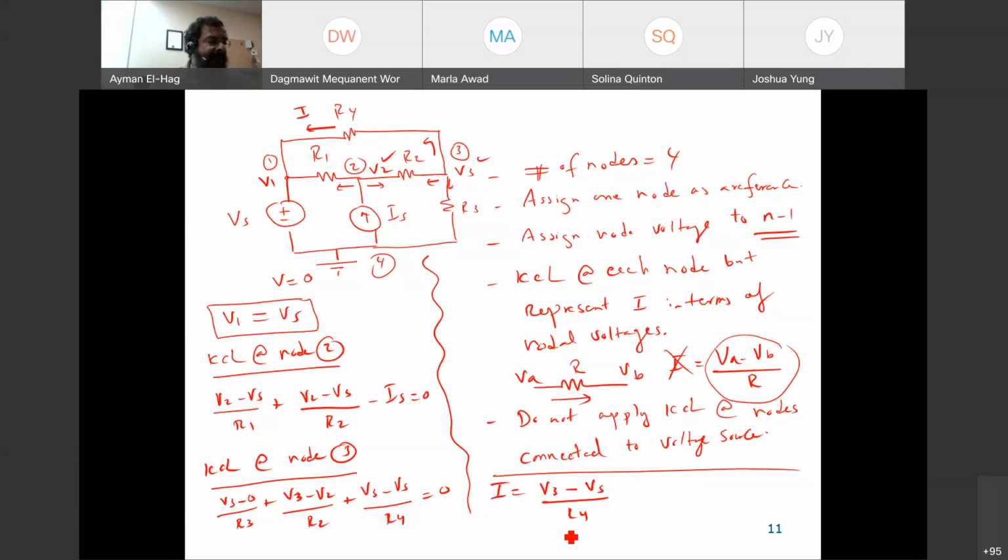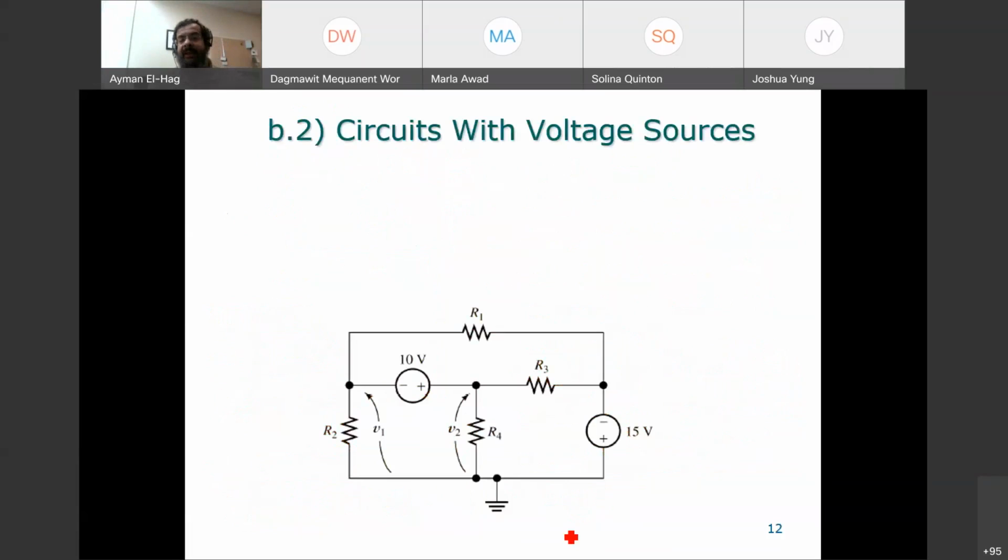Now let's see the second case, or the third case, when we have voltage sources connected between two nodes. And when we look here, okay, this is assigned to us as ground. I will call these V1, V2, and V3.